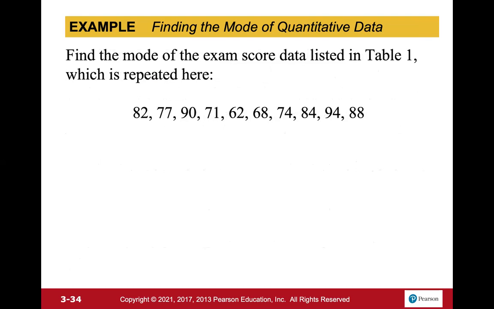So which here repeats? Visually we could see this. We could put it in numerical order if you wanted to, or you know what, let's go ahead and do that. We could sort it out back on Excel too. But starting here, 70, 62. So it looks like 62 is the smallest one. Next is 68, that's the next smallest one. Any more 60s?